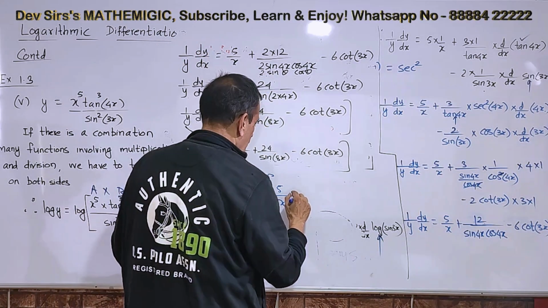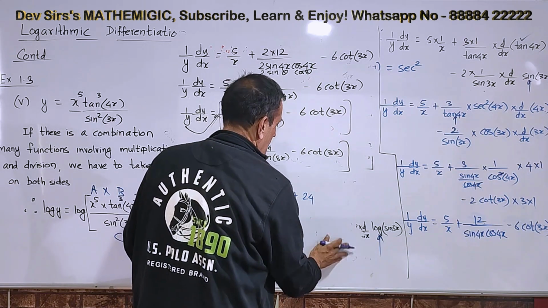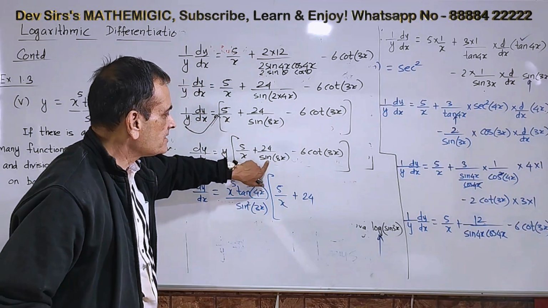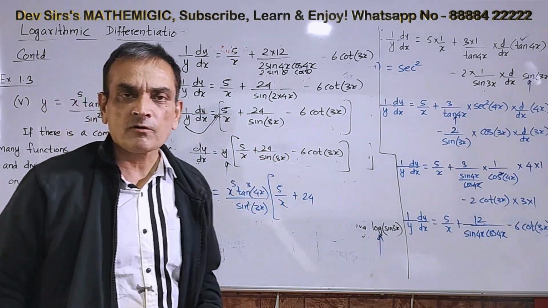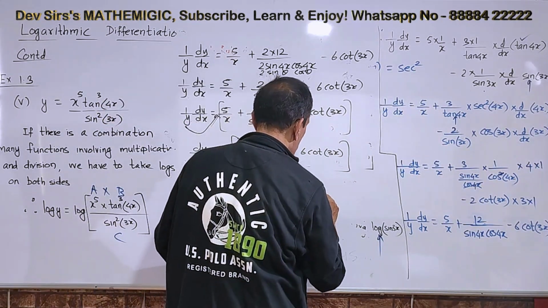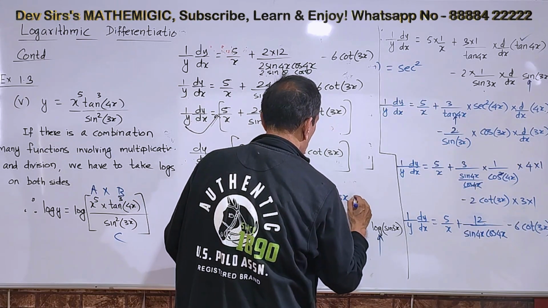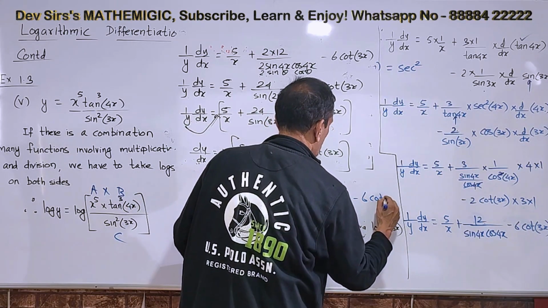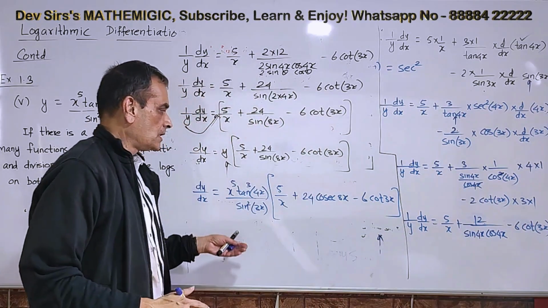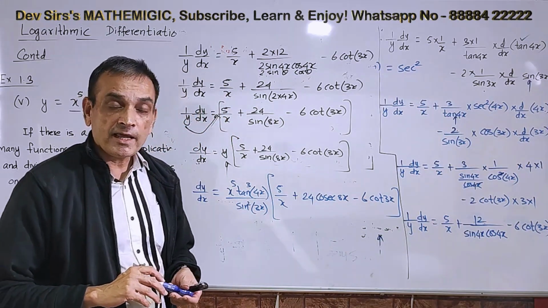Write the rest as it is. Now one more thing you can do. If you take this sine in the numerator, what is the reciprocal of sine? Cosec. So when it comes in the numerator, you can write it as cosec. The answer looks very hi-fi and very big.